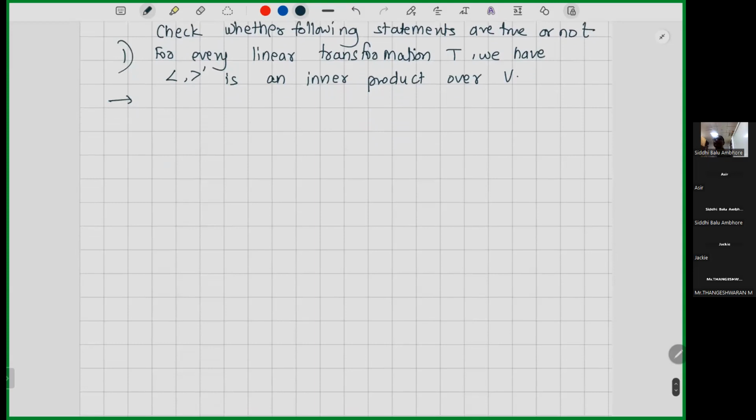Given any T, this map defined here, this ⟨x, y⟩', does it form an inner product on V? Any guesses here on whether this will always form an inner product on V for any given linear transformation T from V to W?